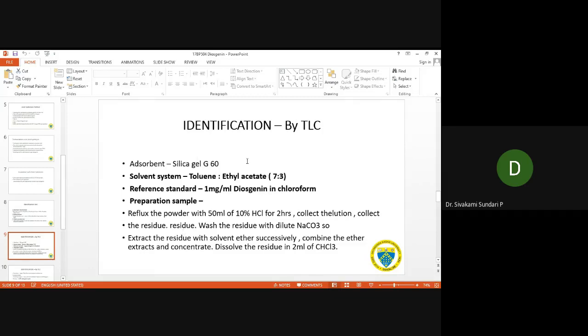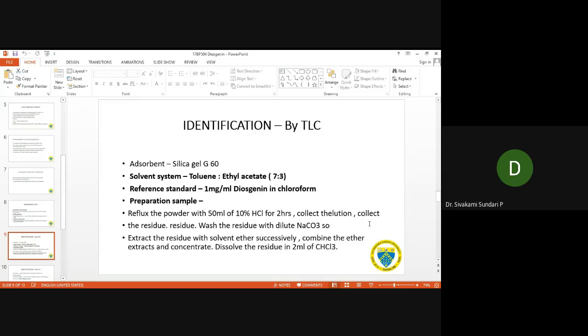Now TLC. Here the stationary phase is silica gel G60 and the mobile phase is toluene ethyl acetate in a 7 to 3 ratio, and the reference standard will be 1 milligram per ml Diosgenin in chloroform. Preparation of sample: reflux the powder with 50 ml of 10% hydrochloric acid for 2 hours.